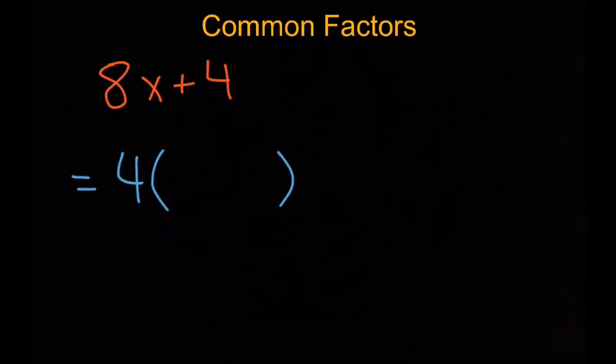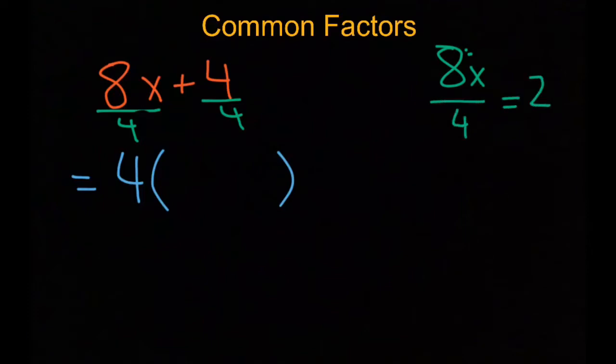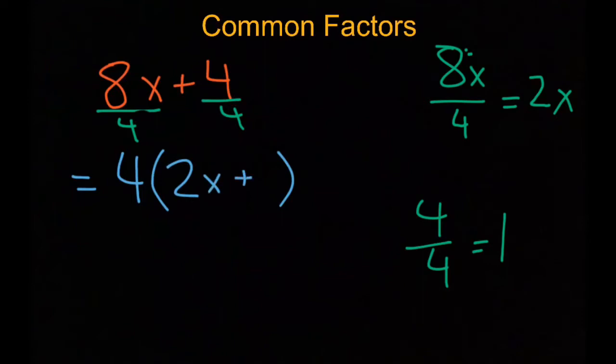What you're really doing when you factor out 4 is dividing both of these terms by 4. 8x divided by 4 equals 2x, and 4 divided by 4 equals 1. So what we're left with in the bracket would be 2x plus 1. And that's how you factor using the greatest common factor method.